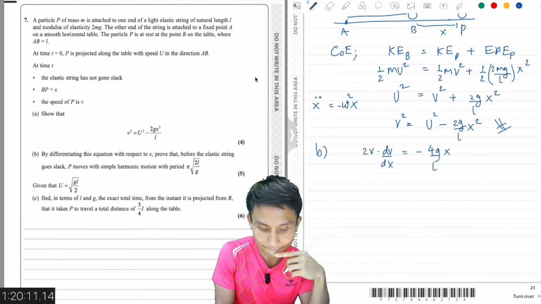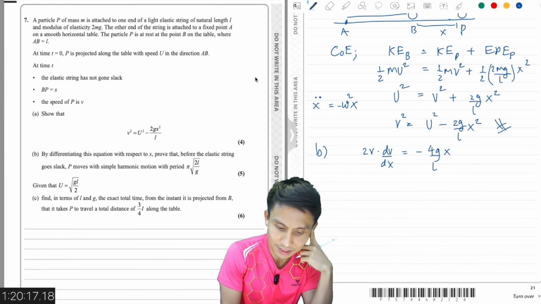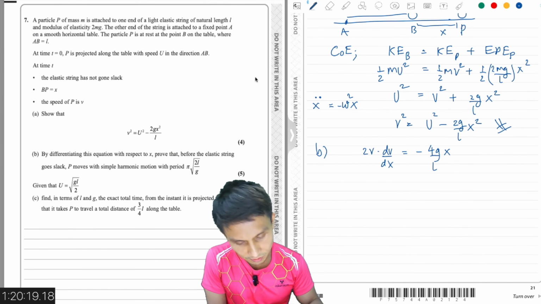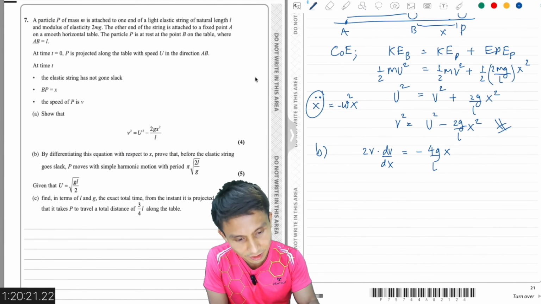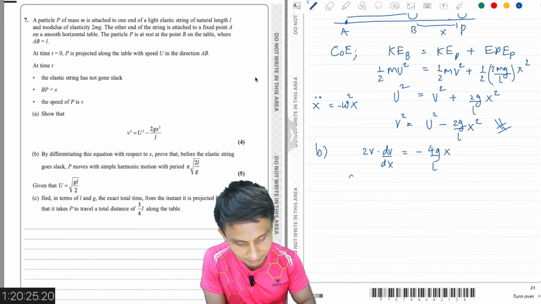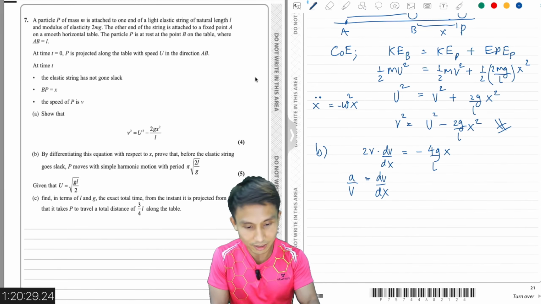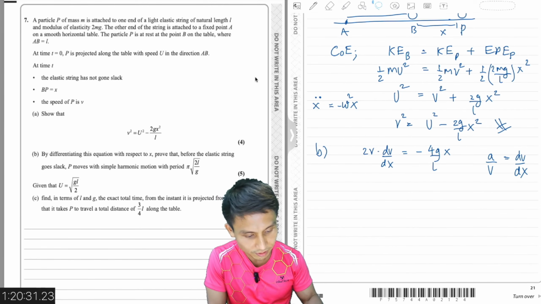We probably have to get acceleration in the picture. And we know that acceleration over v is dv by dx, I used that earlier, if you remember.